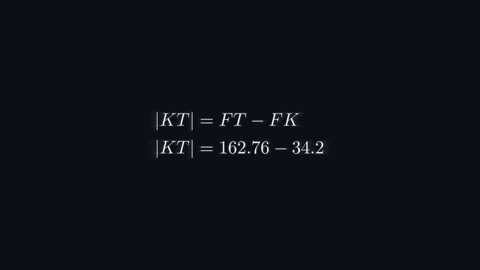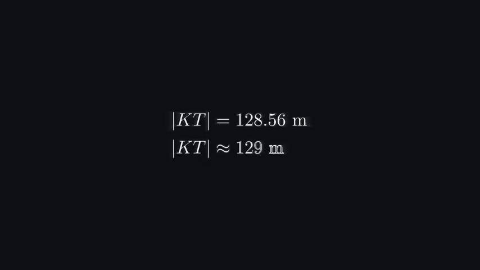Length of KT equals 162.76 minus 34.2. Length of KT equals 128.56 meters. Length of KT is 129 meters.